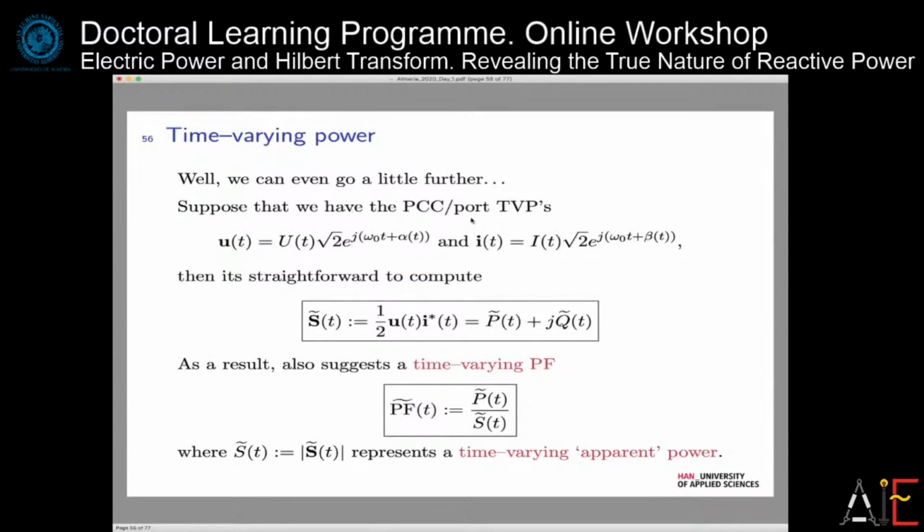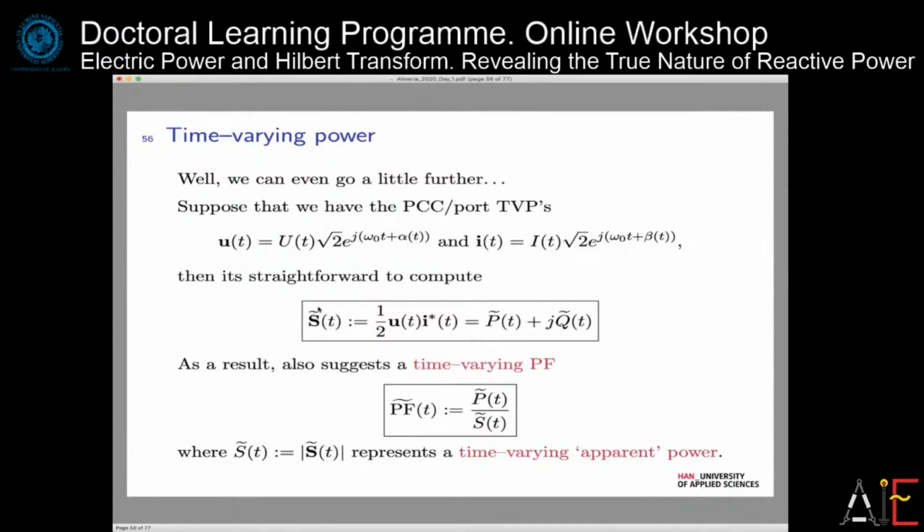And let's suppose that at the point of common coupling, or at the ports of a network, we have these two general time varying phasors. Then it's very straightforward to compute the time varying complex power, right? It's just the same operation.